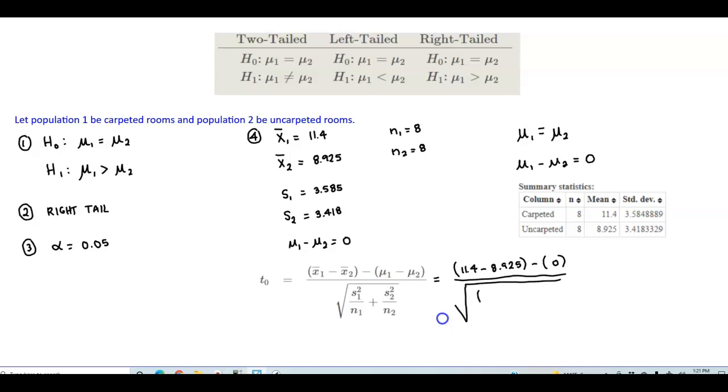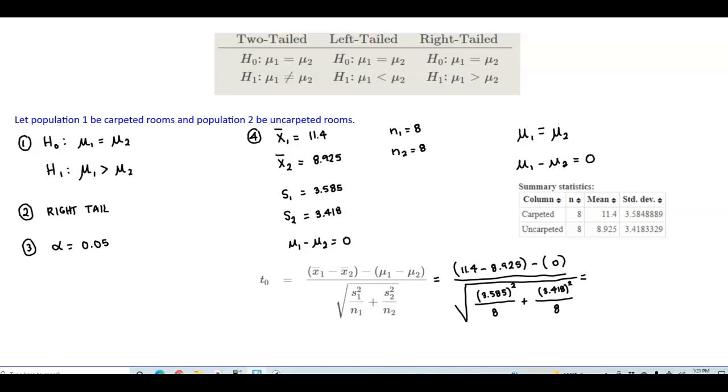We have the standard deviation of population 1, which is 3.585. We're going to square that and then divide that by sample size 1, which is 8. And then plus, same thing here, standard deviation for population 2 is 3.418. We're going to square that and then divide that by 8 as well.